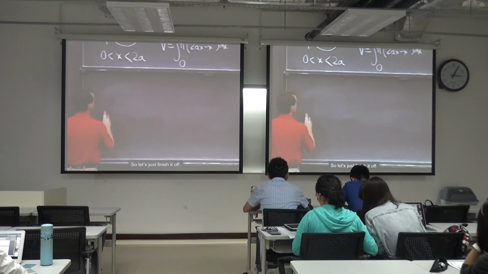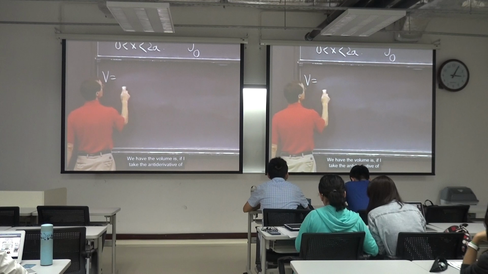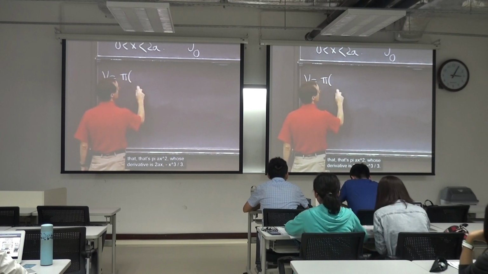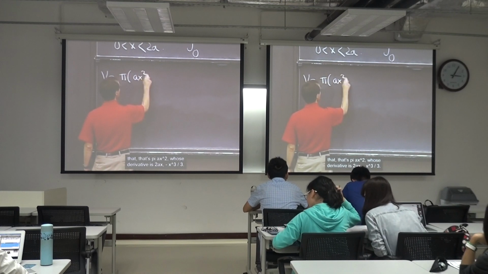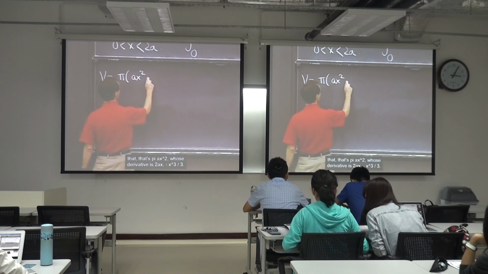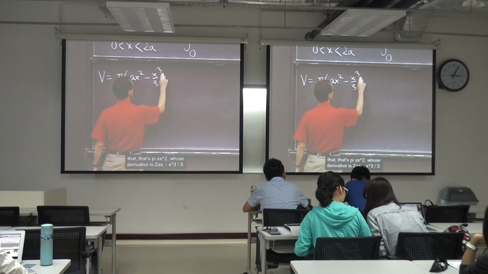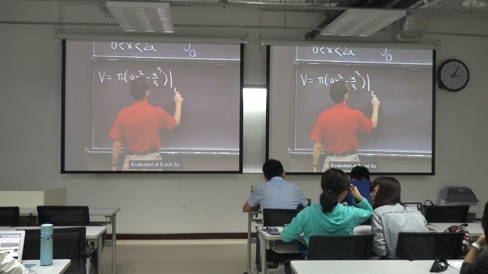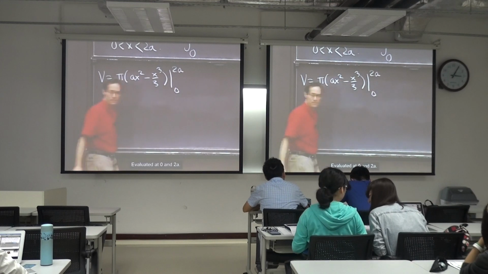All right, so let's just finish it off. We have the volume is, if I take the antiderivative of that, that's pi times ax squared, whose derivative is 2ax, minus x cubed over 3, that's the thing whose derivative is minus x squared, evaluated at 0 and 2a.